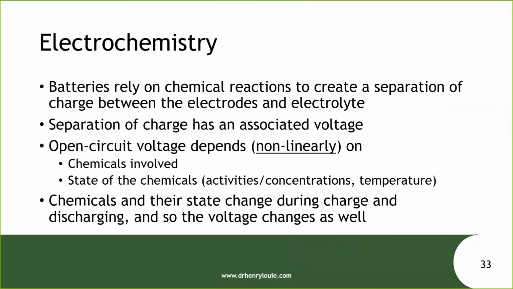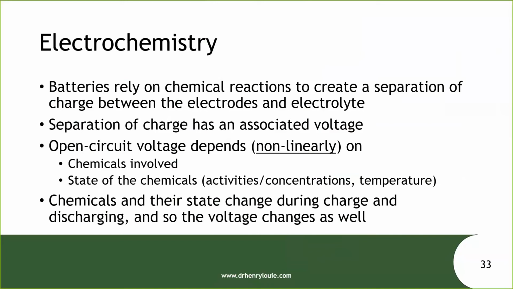And whenever we separate charge, we're going to have a voltage associated with it. The voltage that we measure across the battery is very nonlinear. It depends on the state of the chemicals involved, including their concentrations and the temperature. So batteries are very much nonlinear devices, and we can model it reasonably well with something called the Nernst equation, which I'm not going to get into detail here.